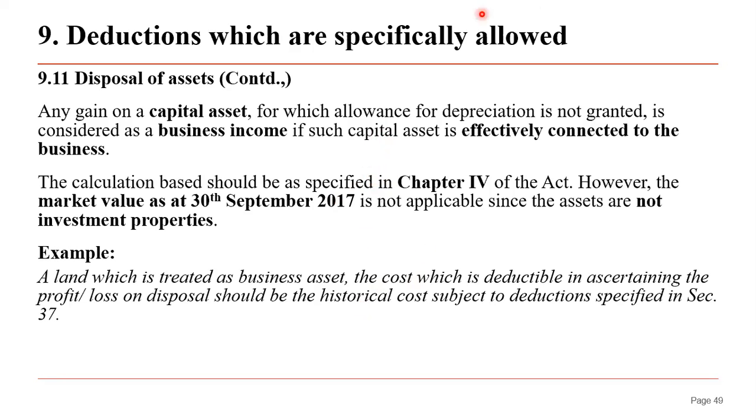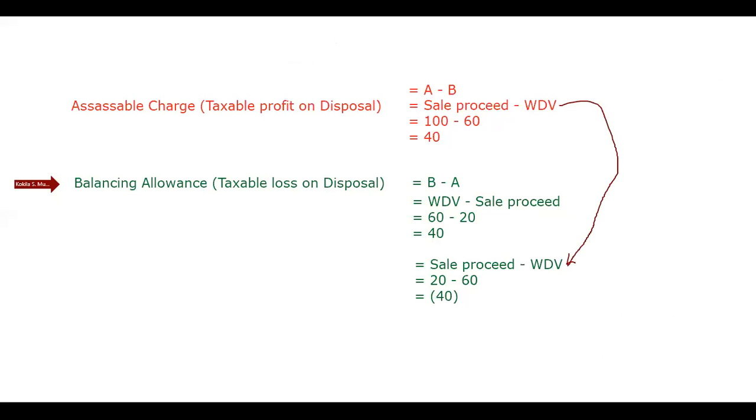Therefore, we need to consider the 30th September value for capital gain tax on investment property. Since this is not an investment property, I will quickly summarize this application also for your understanding purpose.